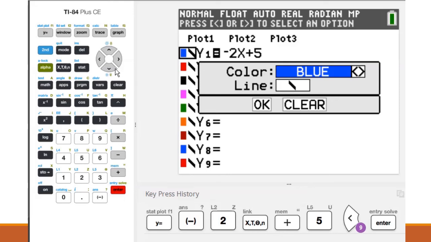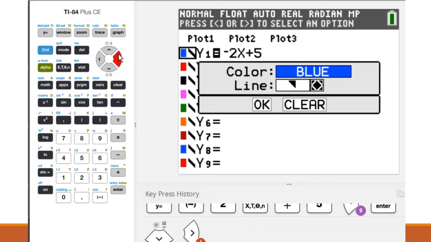So I'm going to go down and choose the sign greater than or equal to, which is this one. So shading above the line, that's greater than or equal to. And I'm going to hit enter.